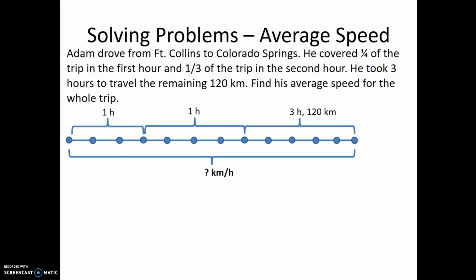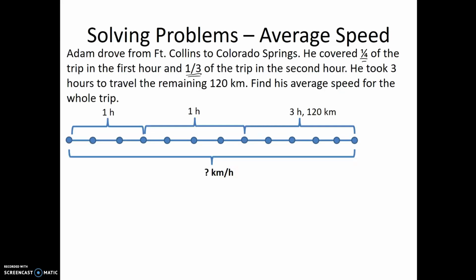This is puzzling. And on your notes, it looks a little bit different. You have a bracket with 2 hours. But let's talk about this 1/4 and 1/3 really quick. I need to figure out how to break up my trip, because that's the only way I'm going to be able to solve this, by assigning portions of the trip to different things. Since I have a 1/4 and a 1/3, I need to find a common denominator.